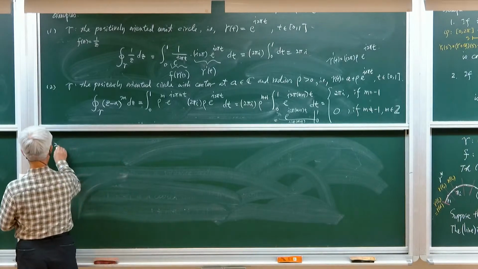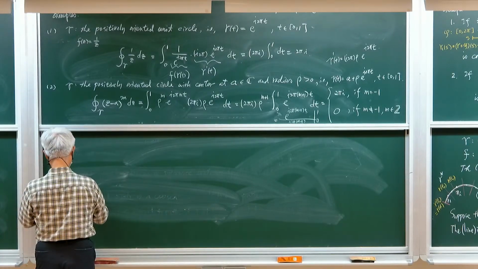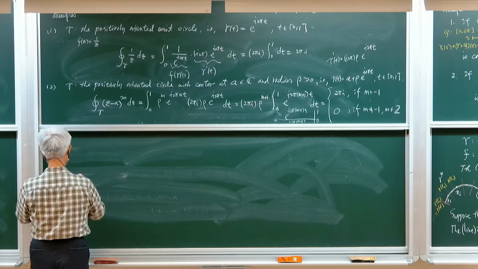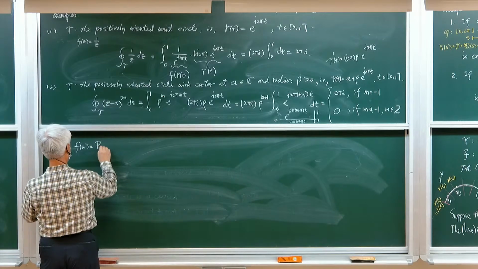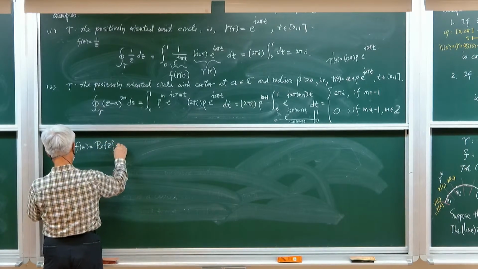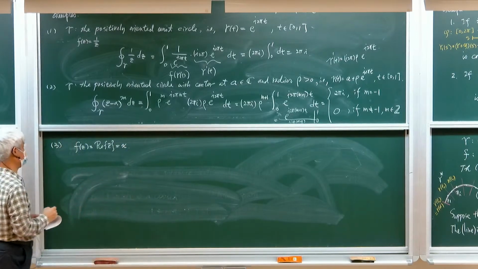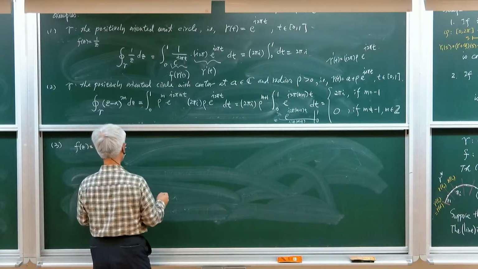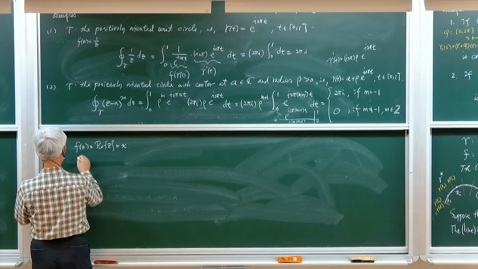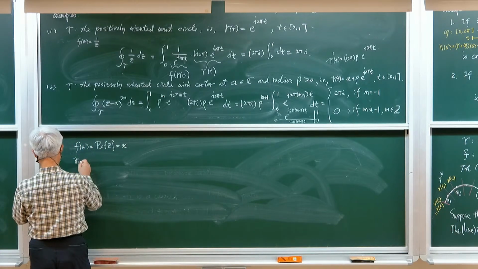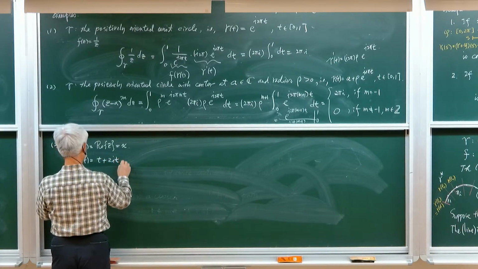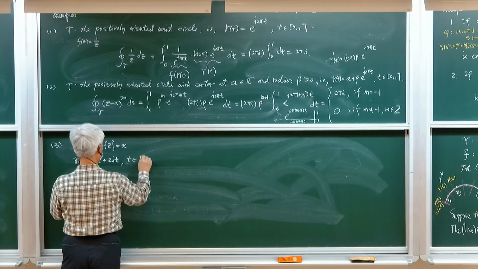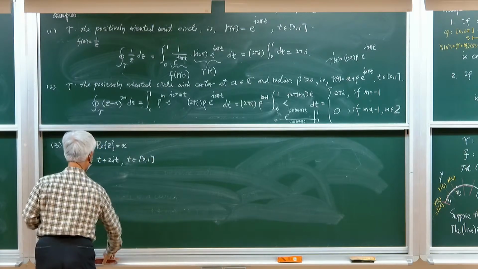All right, look at the third example. We consider f of z to be the real part of z, so this is x. We evaluate over 2 different paths. So gamma 1 of t is x of t plus 2i t for t in 0, 1.